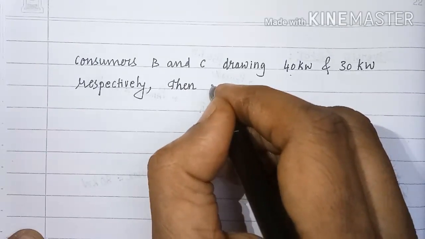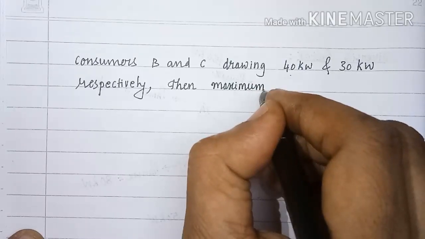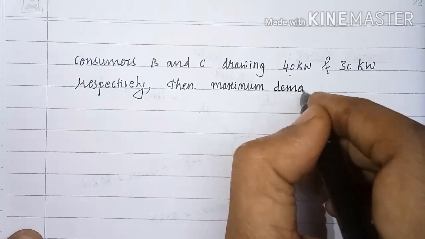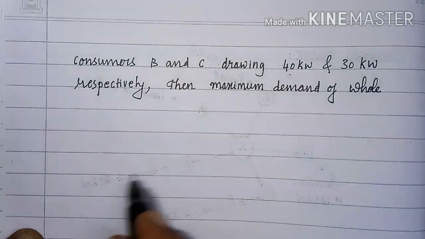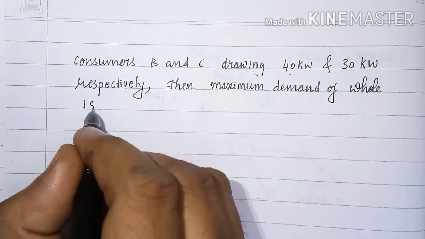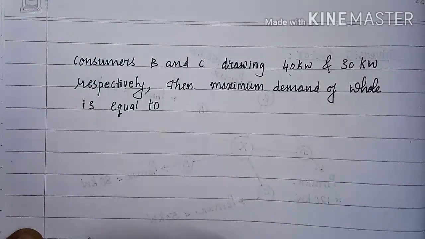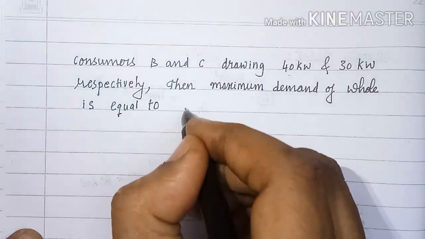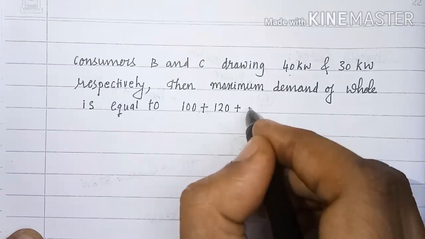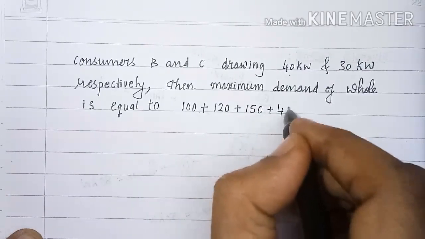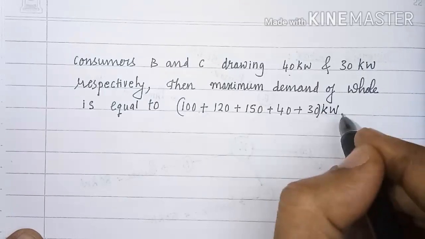Then maximum demand of the group is equal to 100 plus 120 plus 150 plus 40 plus 30 kilowatt.